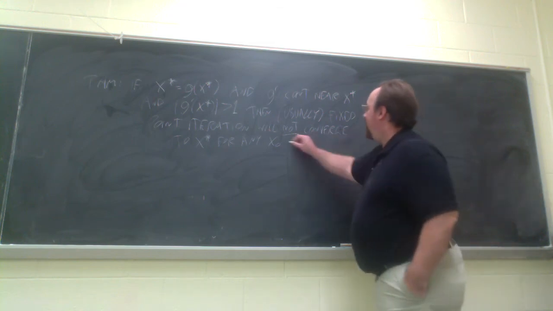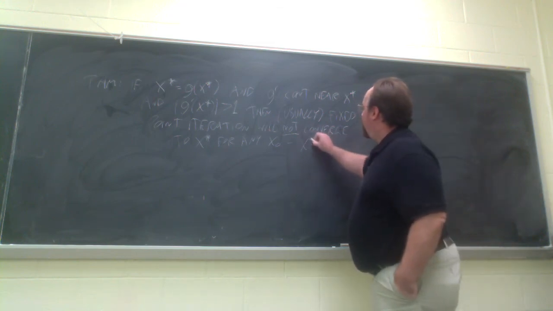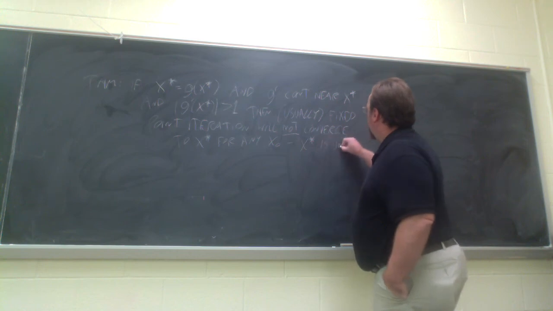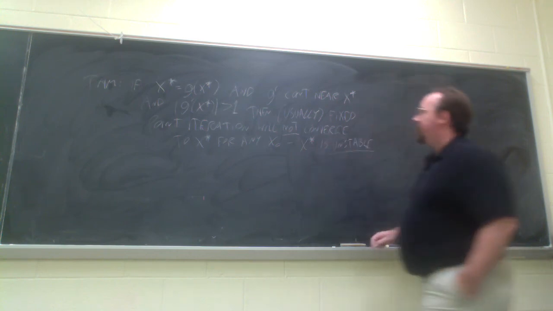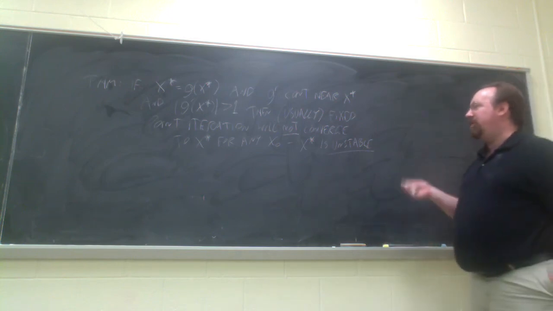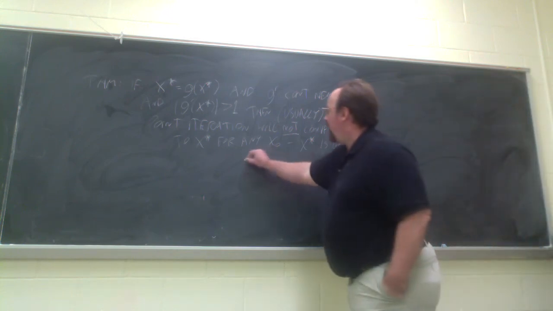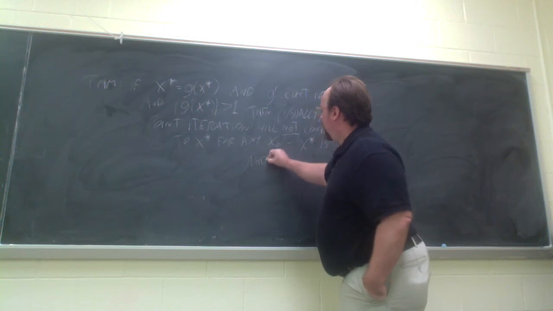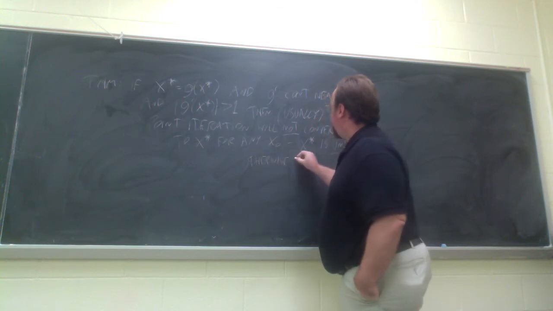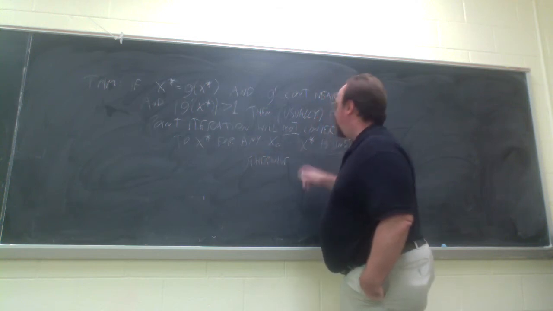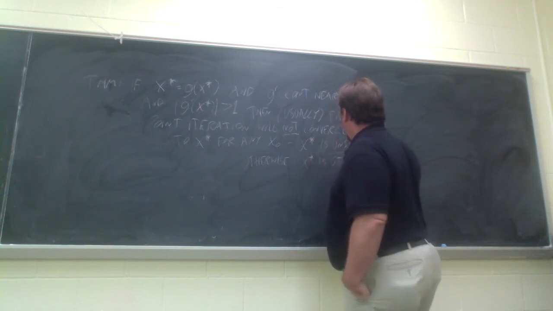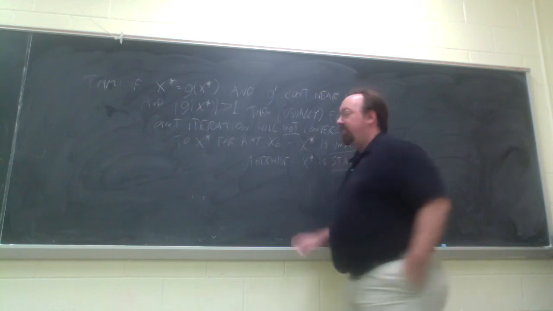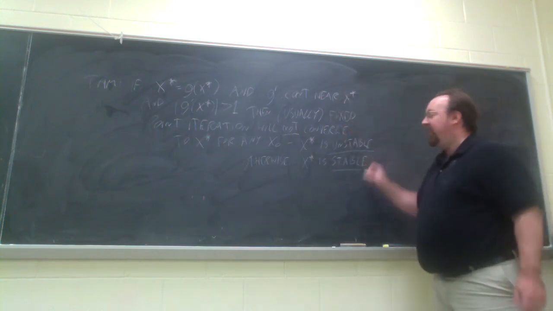So what happens is we say that the fixed point x star is unstable in that situation, if the absolute value of g prime of x star is greater than 1. Otherwise, if the derivative is well behaved near a fixed point, or we have this Lipschitz condition satisfied, x star is, as you can imagine, stable. So we have stable and unstable fixed points.